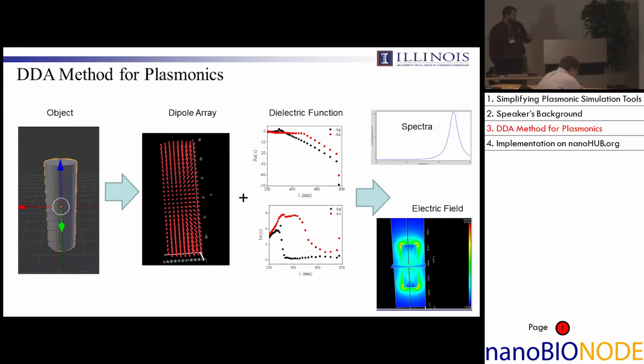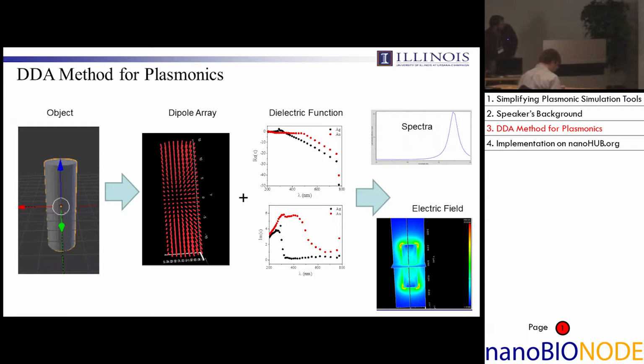And so the tool that we describe is based on one of the two popular ways of getting these spectra and fields. There's two competing methods, and different people have their own favorites, but the one that we chose to implement on nanoHub is what's called the discrete dipole approximation. The reason we chose this is because it's pretty simple and pretty hard to go wrong.